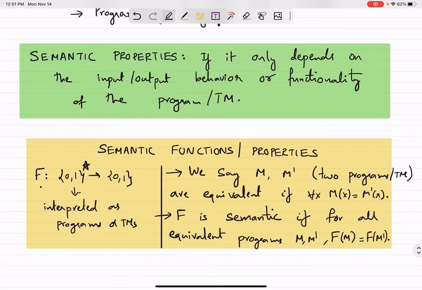We wanted to say a property of programs is semantic if it only depends on the input output behavior. And the way we are formalizing it is to say take any two programs, if they're equivalent, either they'll both satisfy the property f or they both won't satisfy the property. Okay, any questions about the definition? I think it's a very nice way to formalize this notion that the property only depends on the input output behavior. Any questions?